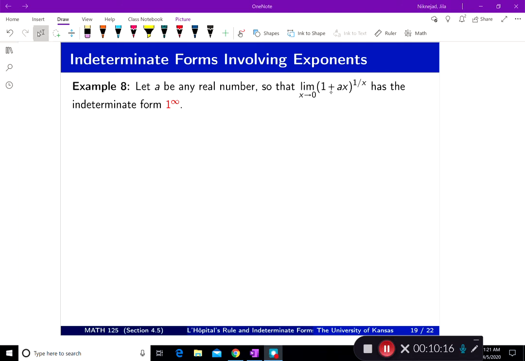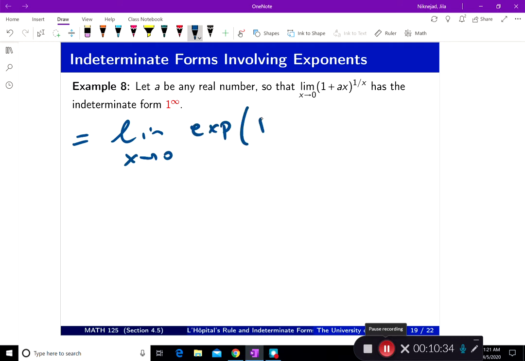We're going to do the same routine with any of those: 1 to infinity, infinity to 0, 0 to 0. What I do is I write down limit as x approaches 0, exponential, natural log of 1 plus ax to the power 1 over x.